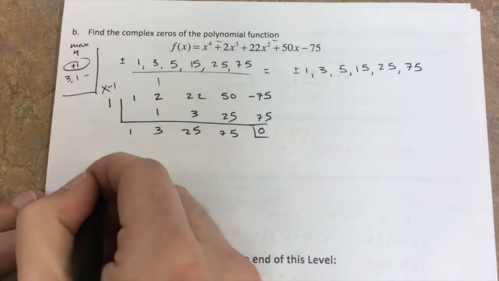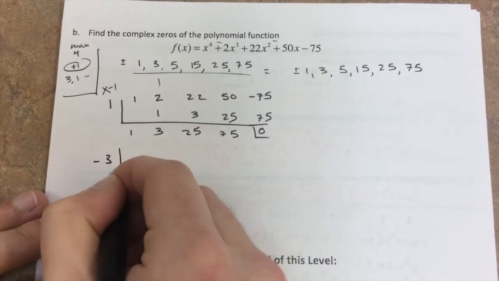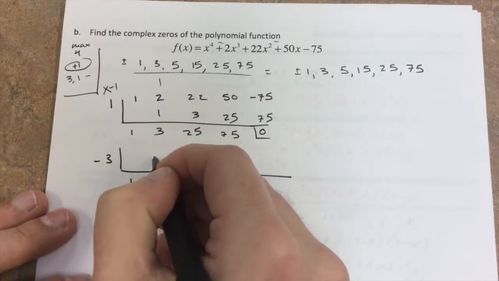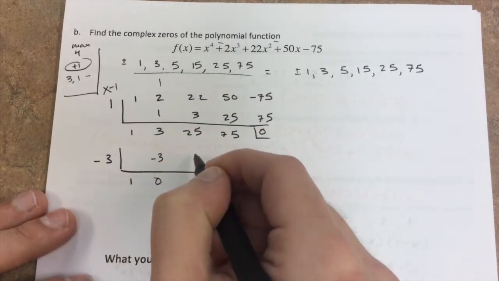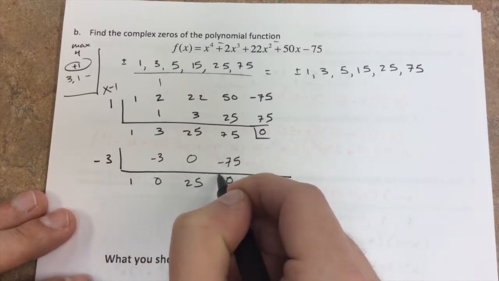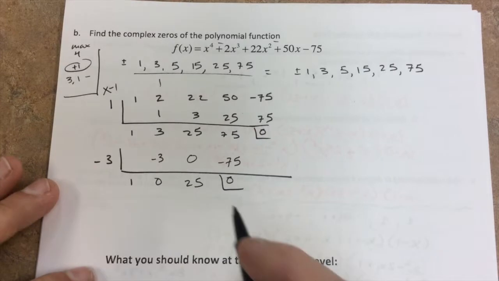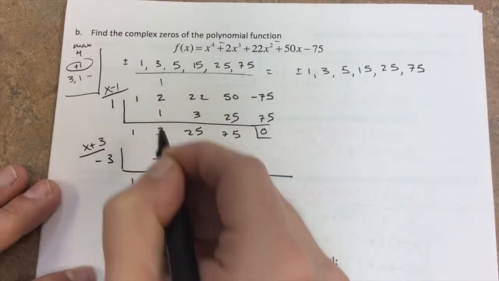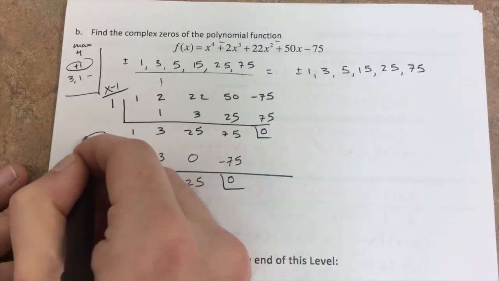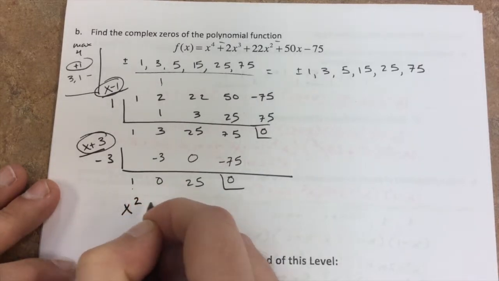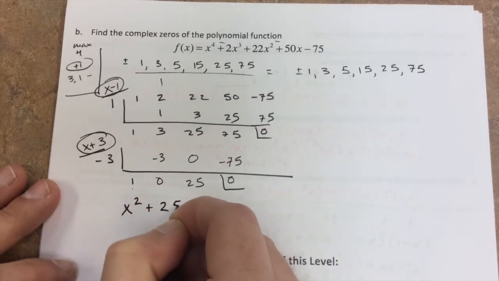So I'm going to try negative 3. And using those numbers, bring down the 1, negative 3, 0, 0, 25, negative 75, 0. Perfect. So that means that x plus 3 is my factor. I am left with 3 terms, so I stop. This is x squared plus 25.